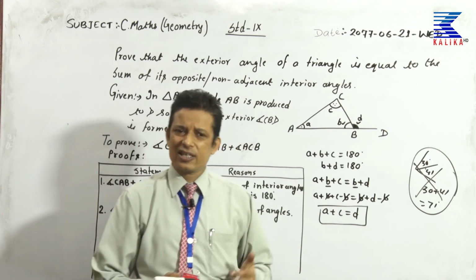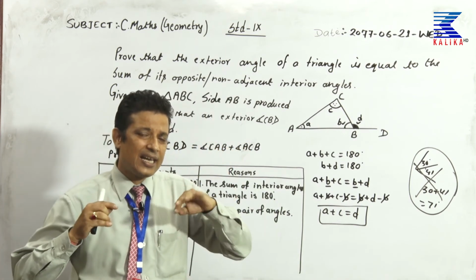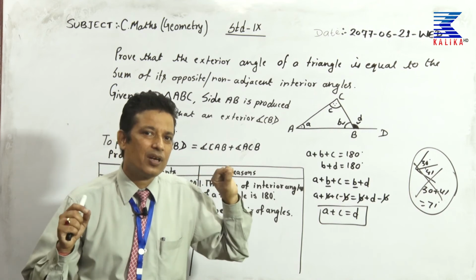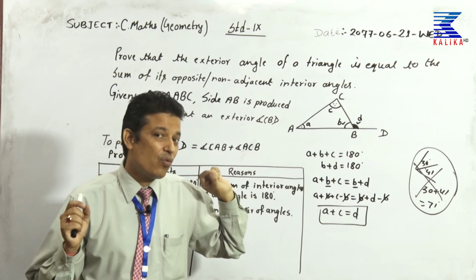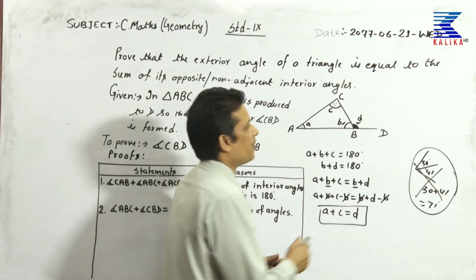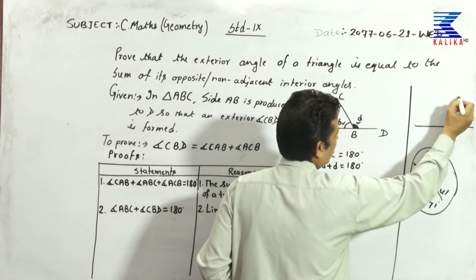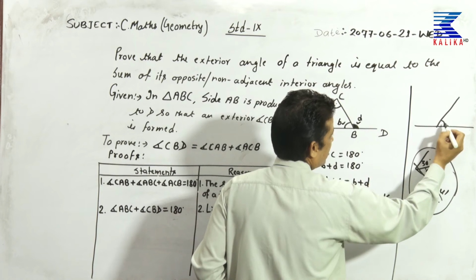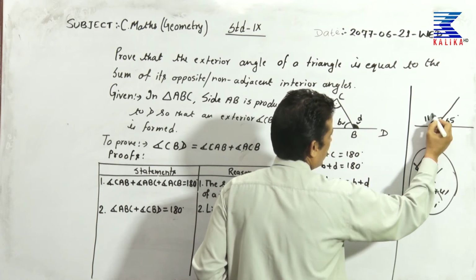Linear pair of angles means those 2 angles are in a straight line and the sum of their measurements is 180 degrees. It means, look here, this is a rough figure I have made. Look, this is 65 degrees, this is 115 degrees.